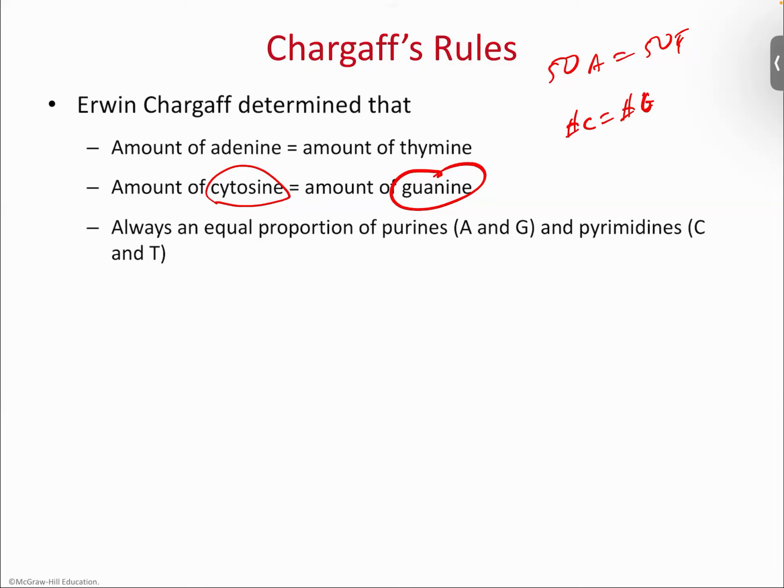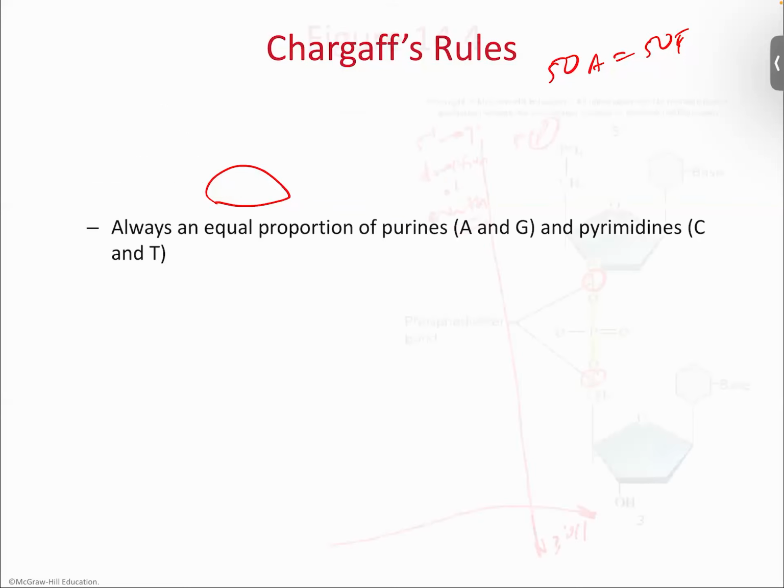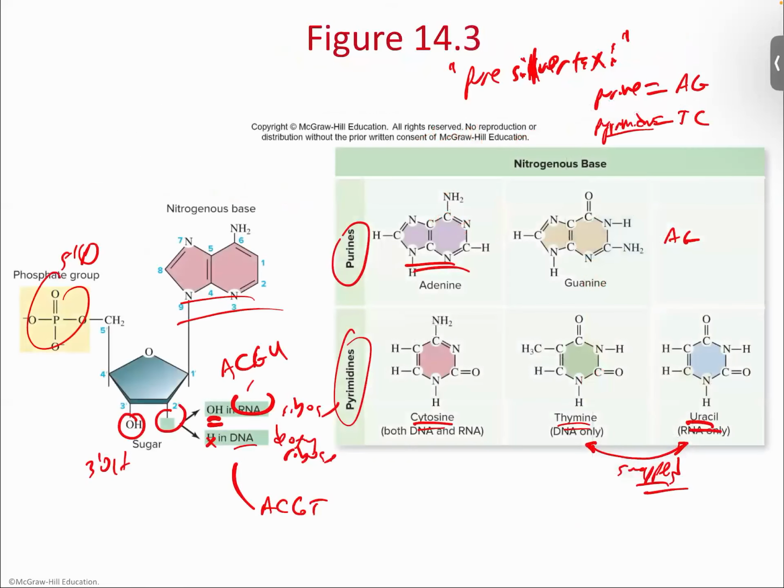Now, why is this important? This is important to the structure of DNA because what this suggests, and when you take a look at the structure of the nucleotides themselves you can actually see this, is that the adenines and the thymines are associating with each other.